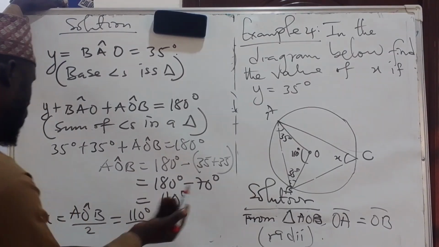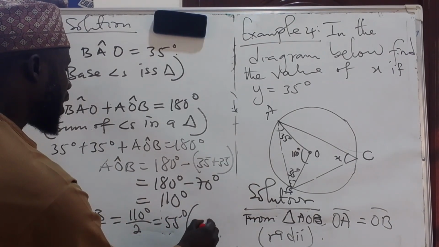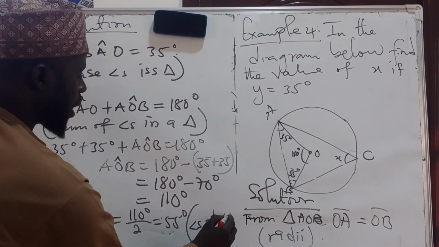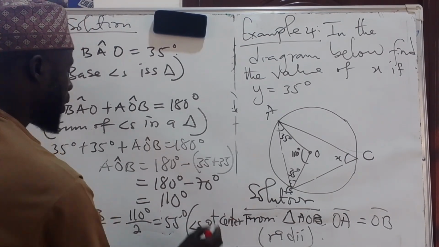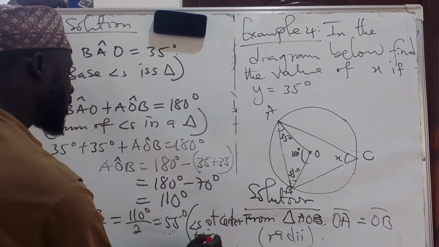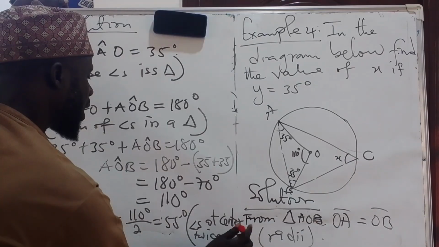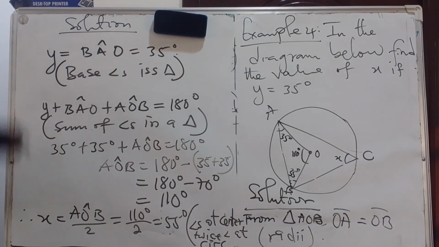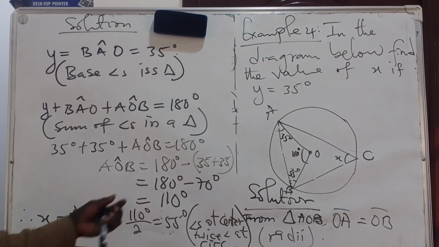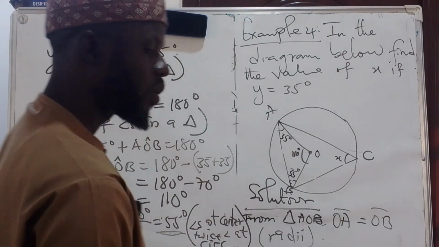Why do we make such a statement? It is because of angle at center, our main theorem, twice angle at circumference. That is the reason, and that is the solution. So the answer is x is equal to 55 degrees.